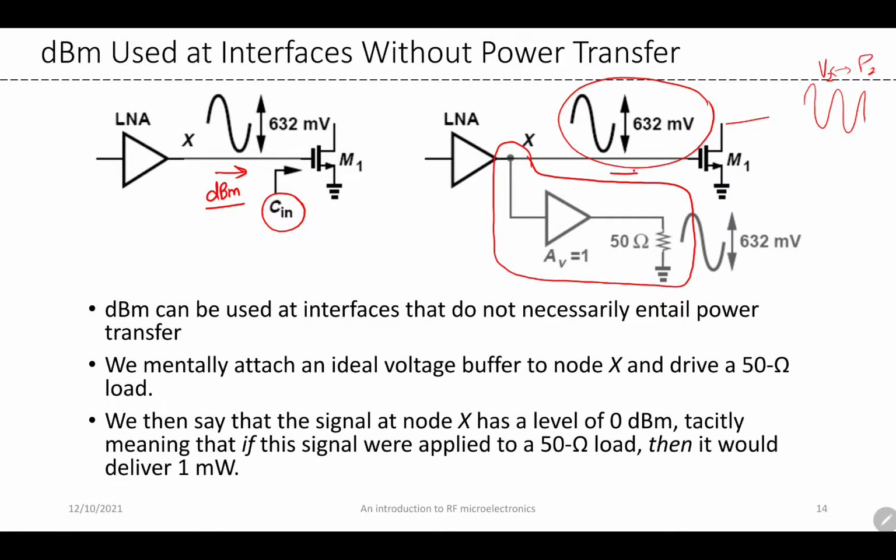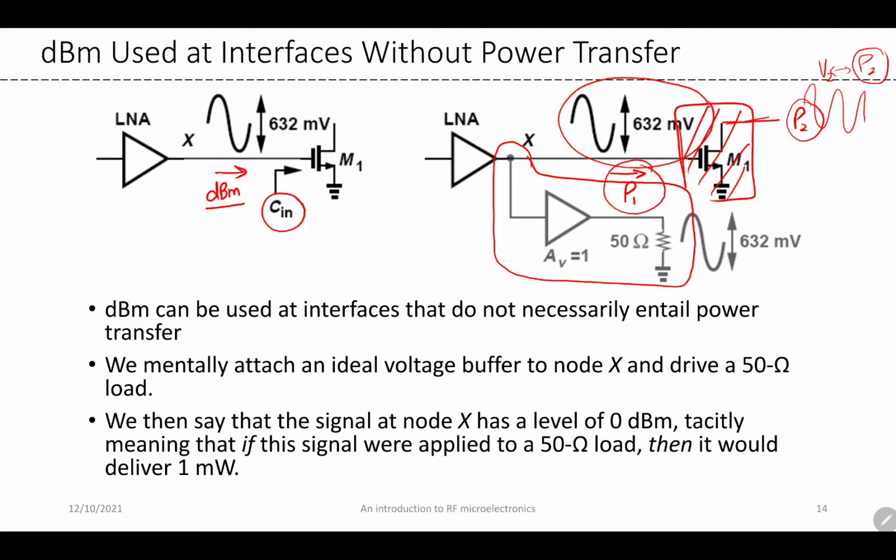So a power level P1 comes in, and although this power is not completely absorbed, it's converted to another power at the output, right? So you can take this as a black box and say that it converts P1 to P2.